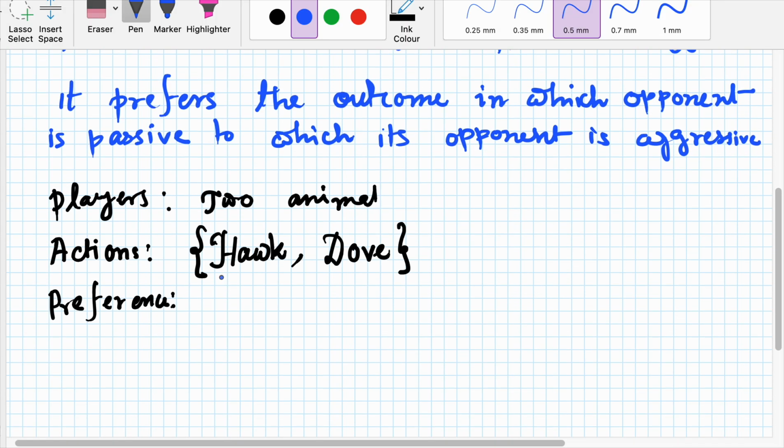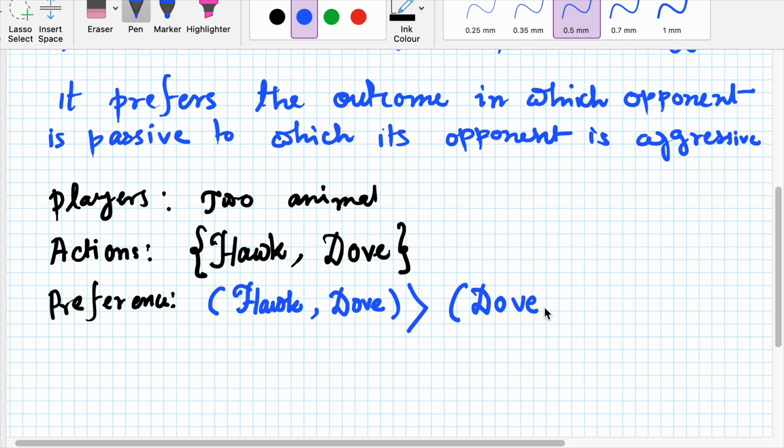If we write it from player 1's perspective, its most preferred outcome is that it chooses the hawk strategy when the opponent chooses dove.